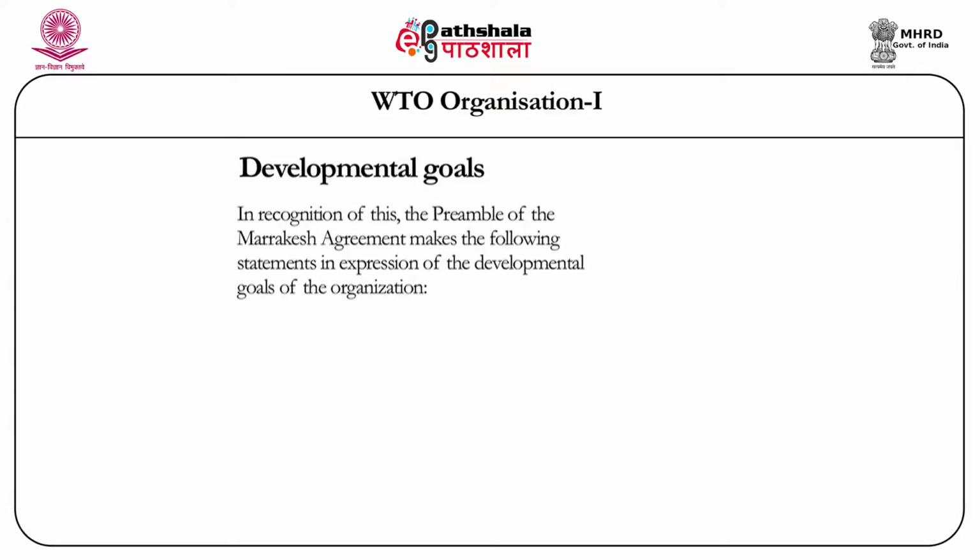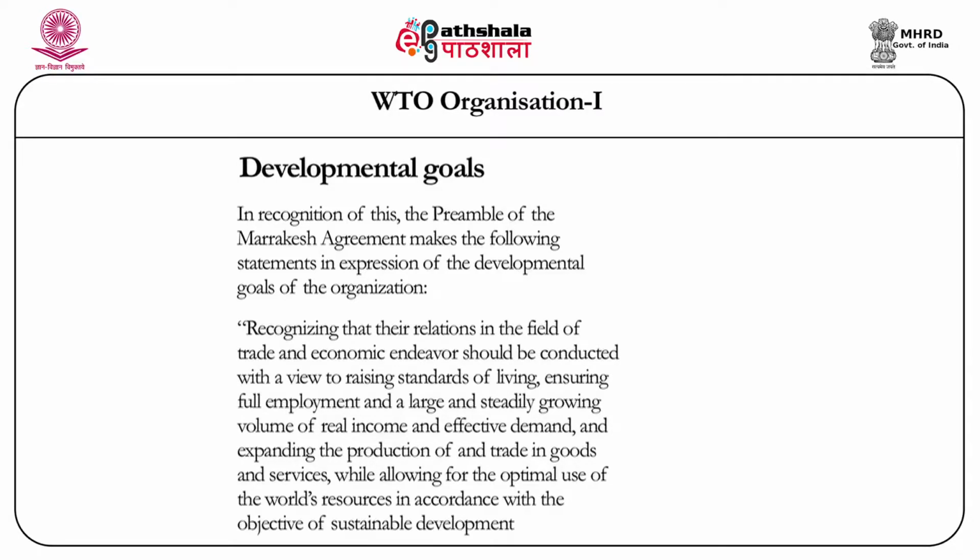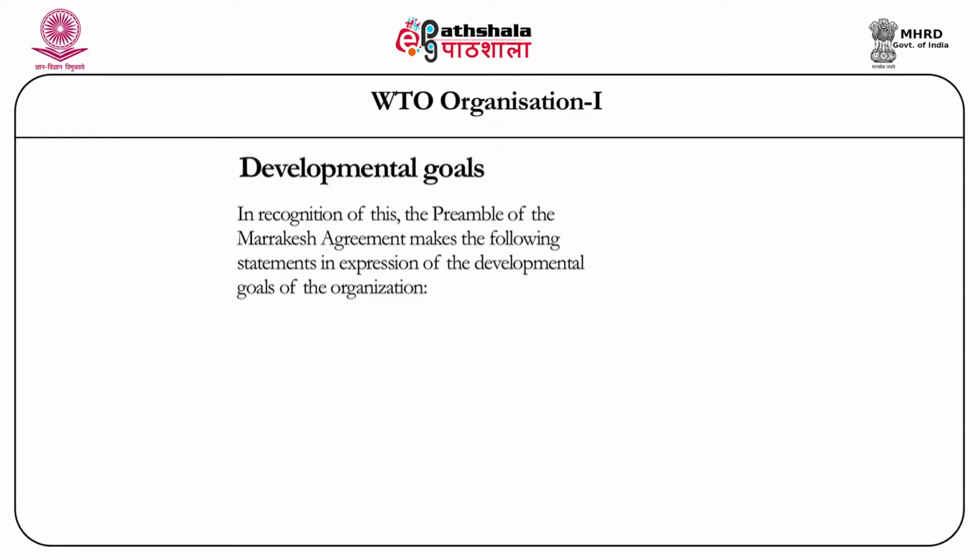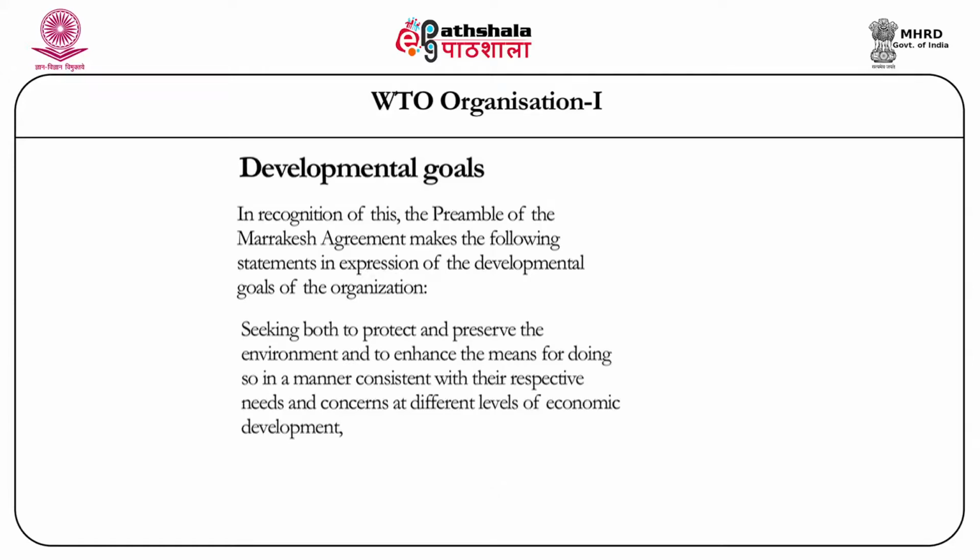For this purpose, the preamble of the Marrakesh Agreement states that recognizing that the relations in the field of trade and economic endeavor should be conducted with a view to raising standards of living, assuring full employment and a large and steadily growing volume of real income and effective demand, and expanding the production of and trade in goods and services while allowing for the optimal use of the world's resources in accordance with the objective of sustainable development, seeking both to protect and preserve the environment and to enhance their means of doing so in a manner consistent with the respective needs and concerns at different levels of economic development.